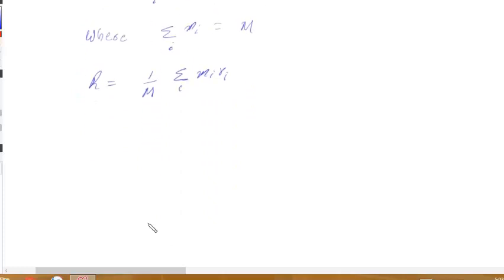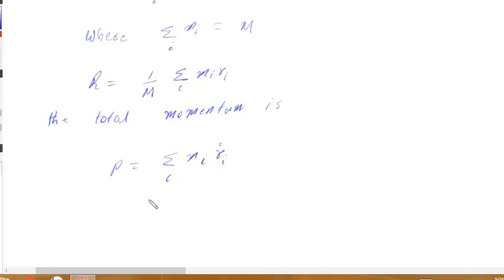Then the total momentum for this system, P, is equal to the sum of all the particle masses times their velocities.